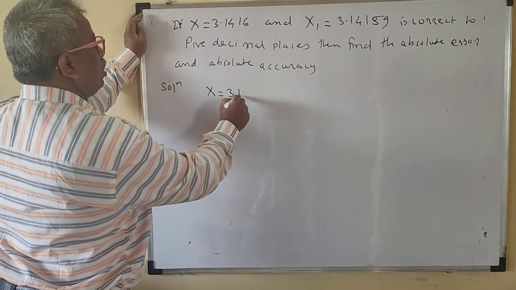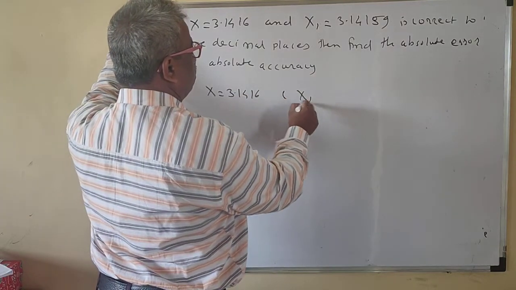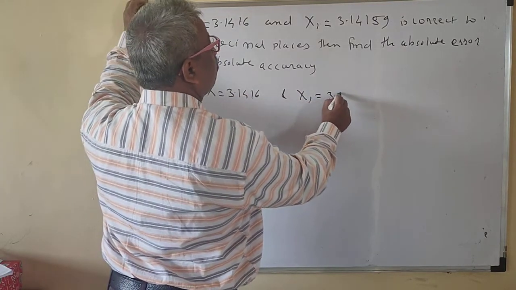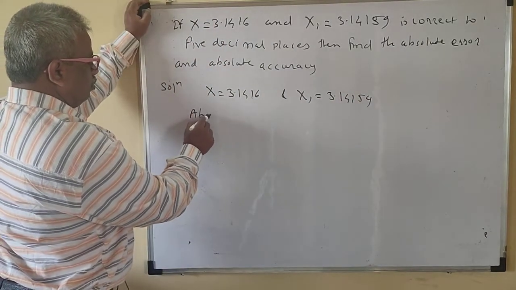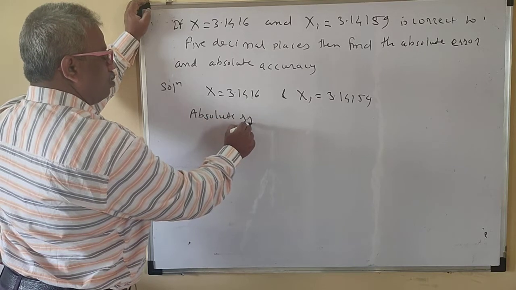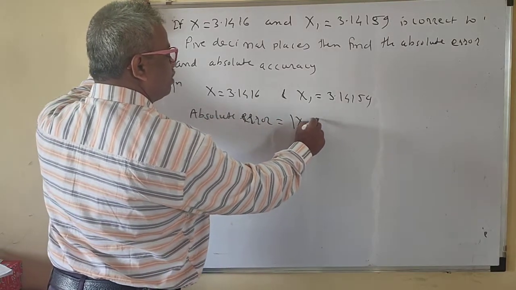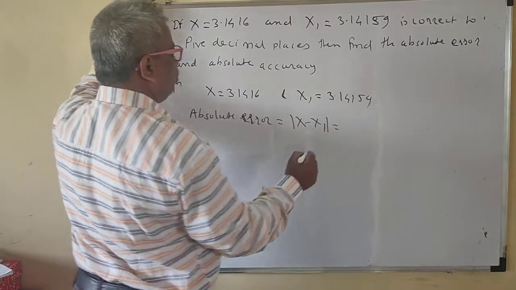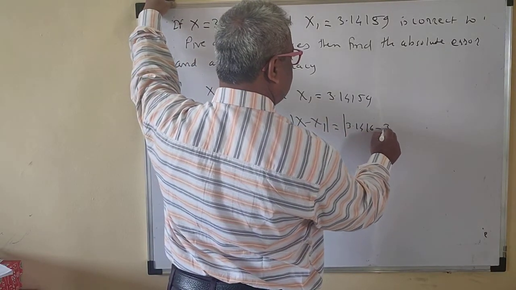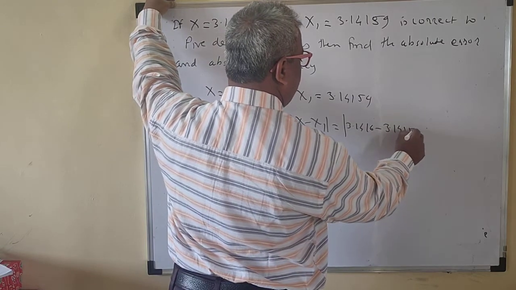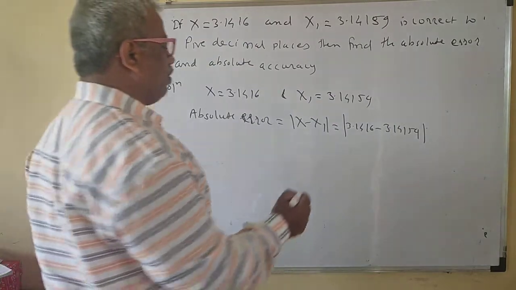X is equal to 3.1416 and x1 is equal to 3.14159. Okay, absolute error is equal to mod of x minus x1. So mod of 3.1416 minus 3.14159. Okay, so use the calculator and find the value of this one.